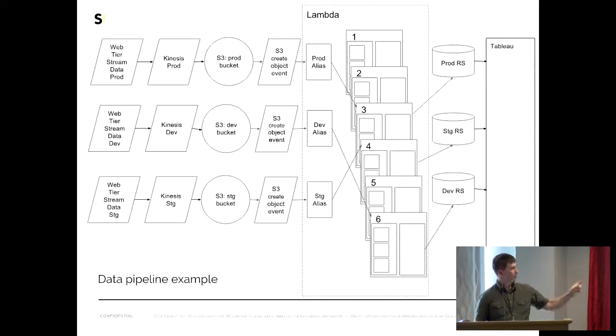So that lets us do things like this, where we have 3 concurrent tiers of data moving through. And when we get the S3 event, because we're going to detect from the alias what environment we're in, we know when we wake up which credential set to go use, which database to go talk to, and where we're getting the data from.